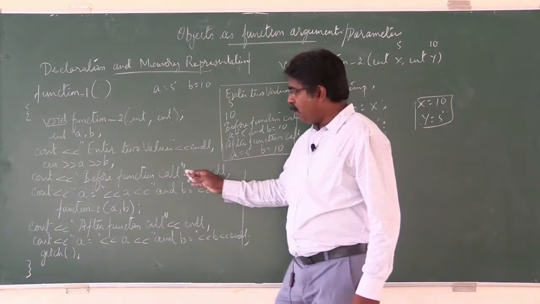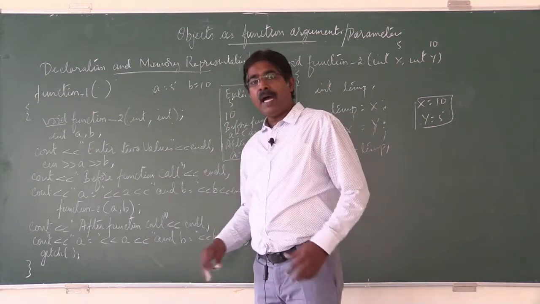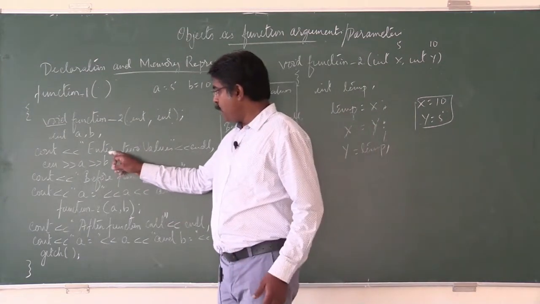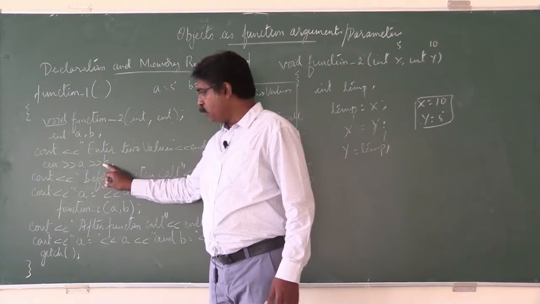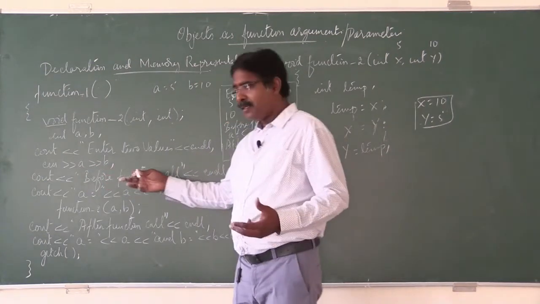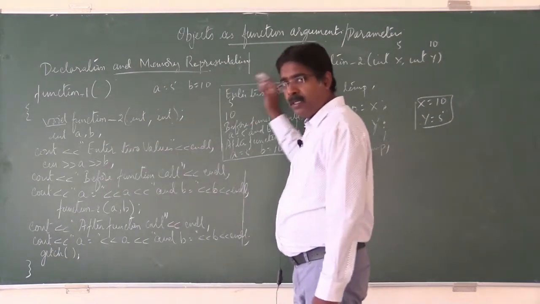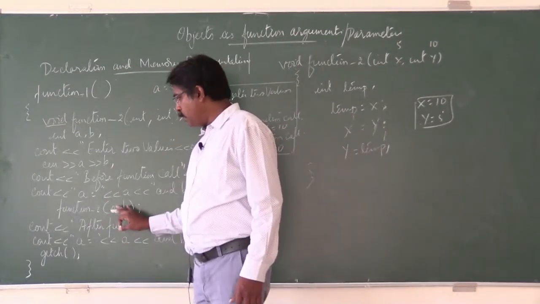Let us imagine I take two values here, A and B, and add two numbers, the sum of two numbers. A is going to take a value and B is going to take a value. Let us take the same 5 and 10 and pass them to the function call statement. I need to do some manipulations of the coding here.